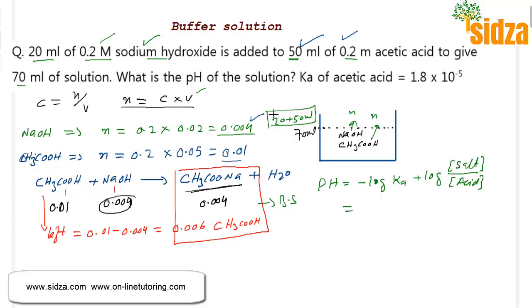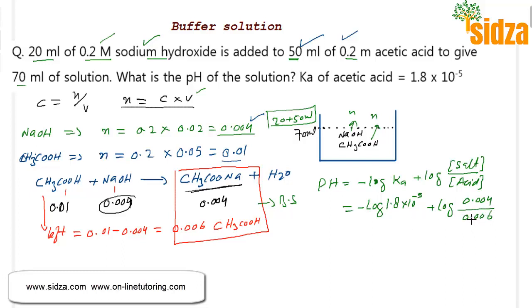So the dissociation constant is given as 1.8, so this is minus log of 1.8 into 10 power negative 5, plus the concentration of the salt, which is 0.004, divided by the concentration of acetic acid, which is 0.006 here.